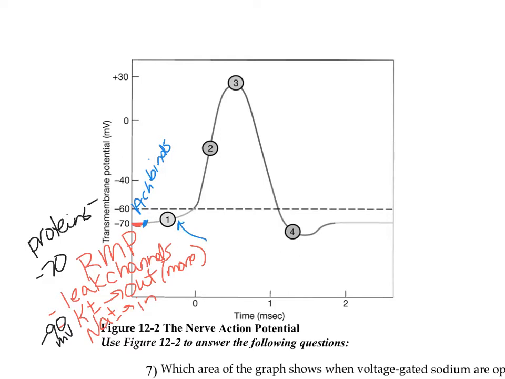So at 1, what are we going to see? What is ACh binding to? Right, so we have chemical-gated sodium channels. And where are they found? Dendrites and cell body.